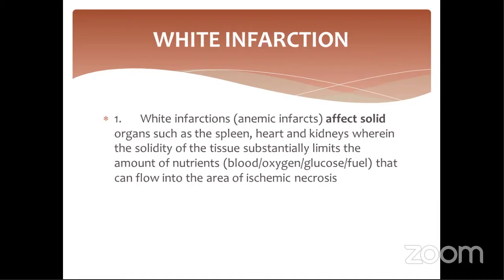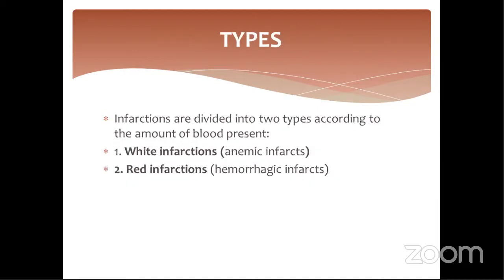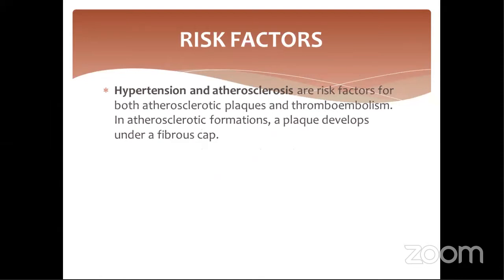So what is the important point? One important point is when the fibrous cap gets degenerated. Hypertension and atherosclerosis are the risk factors for both atherosclerotic plaques and thromboembolism. In atherosclerotic formation, a plaque develops under a fibrous cap.